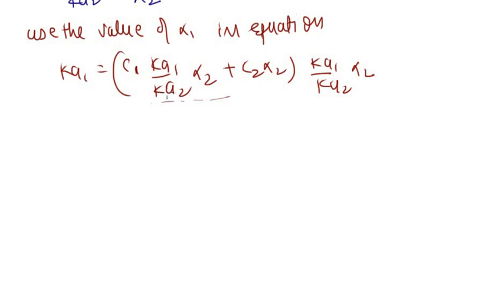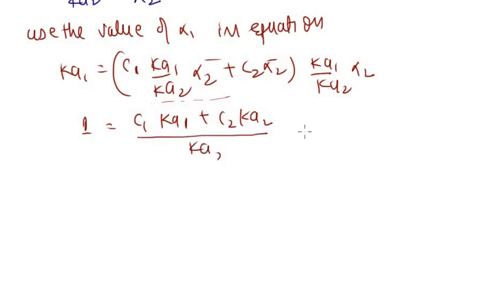Now if we take out common Ka2, if we take out common alpha 2 over here and divide it by Ka1, so 1 will be equal to C1 Ka1 plus C2 Ka2, upon all the terms Ka2 into alpha 1 square divided by Ka2.